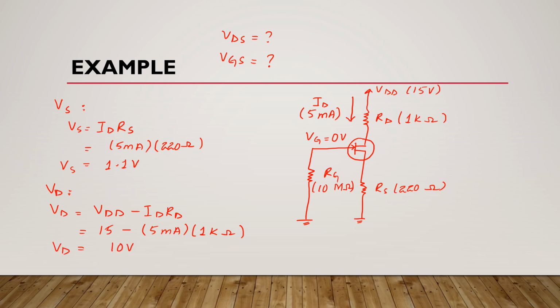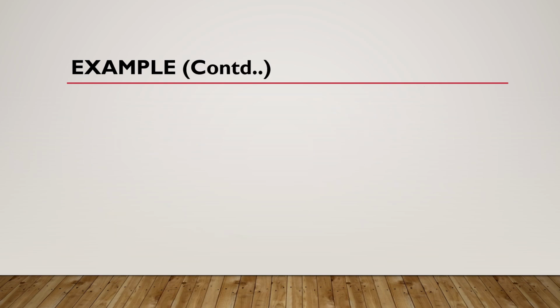Okay, so this is drain voltage. Now we know that drain to source voltage is equal to VD minus VS. Here VD is 10 volts and VS is 1.1 volts. After solving this, you will get 8.9 volts. So this is your drain to source voltage.